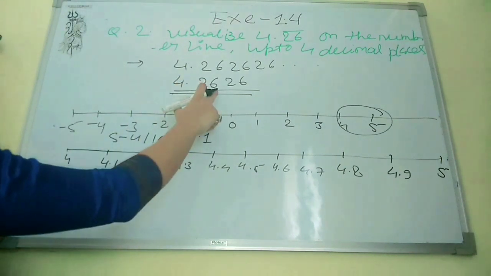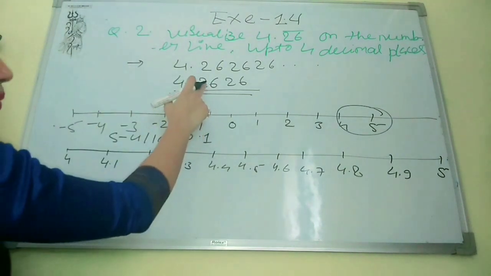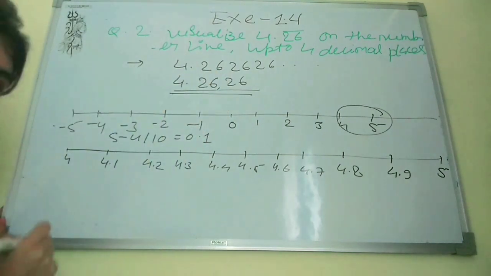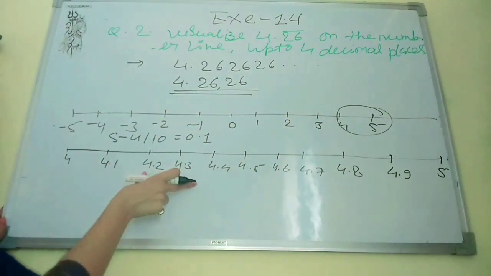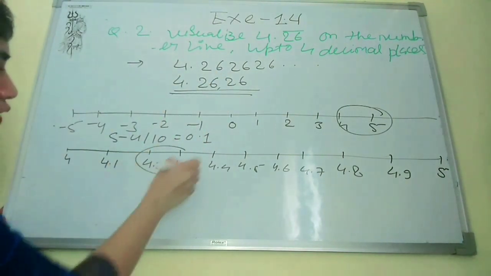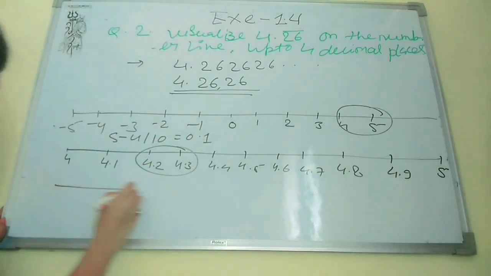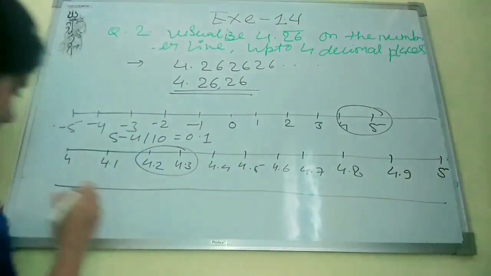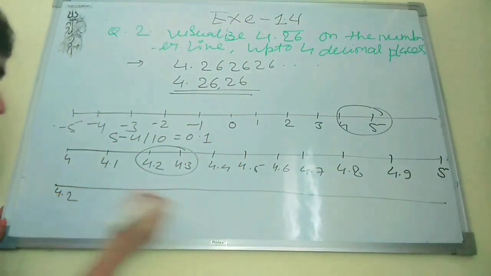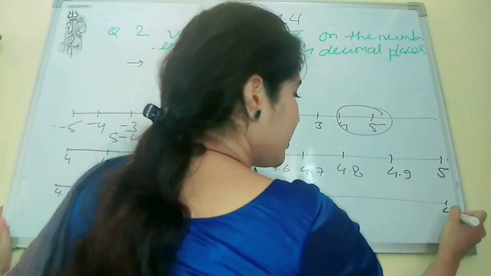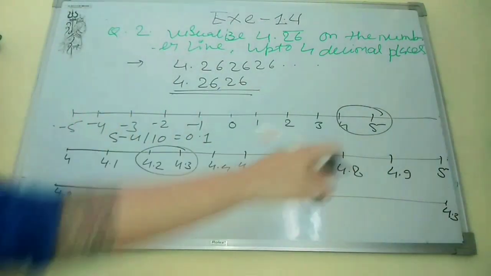Now just see the other digit, that is 4.26. That will be between 4.2 and 4.3. Now we will magnify this position. 4.2, 4.3, same, we will divide in 10 equal parts.